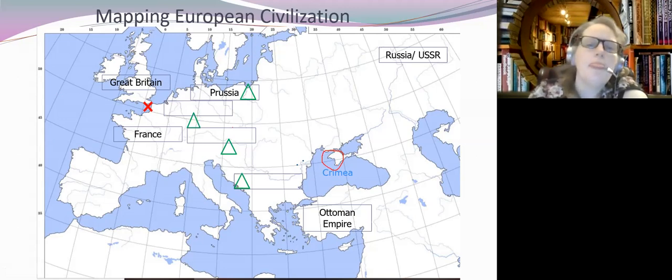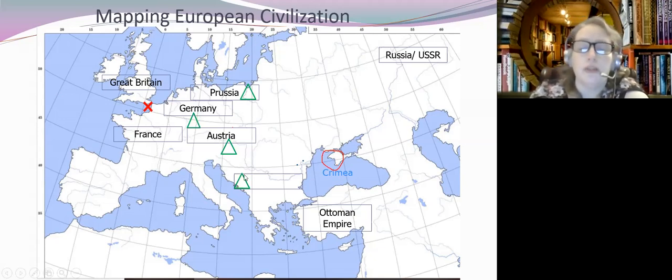Germany, on the more recent map for the world wars, will be in the center. I did not mark Italy on here. I think most of you can find the Italian boot. Austria is right here. Vienna is the capital sitting on the Danube.